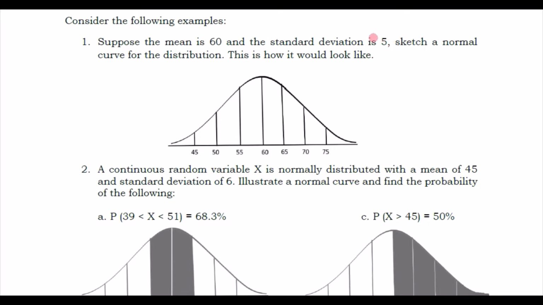So, kung ang standard deviation ay 5, we will count by 5 from 60. So, 60 add 5. This is the first point of the standard deviation away from the mean. The second point is 70, another 5. So, 65 plus 5, that is 70.